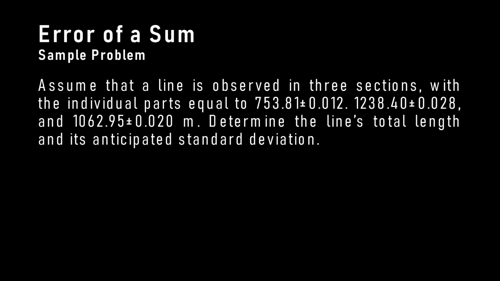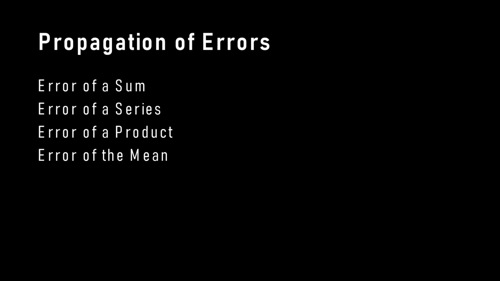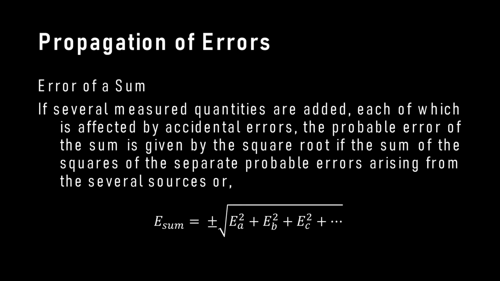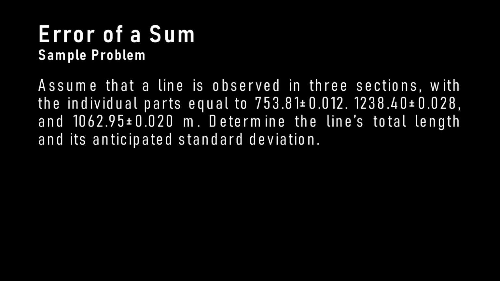So, required yung line's total length and its anticipated standard deviation. So, yung total length, madali lang. And then yung anticipated standard deviation. Ayan. So, kunin natin dito yung error of the sum. Yung plus minus, yung kukunin natin.